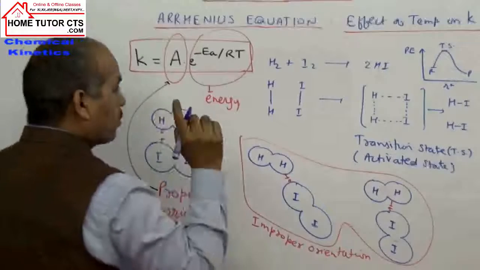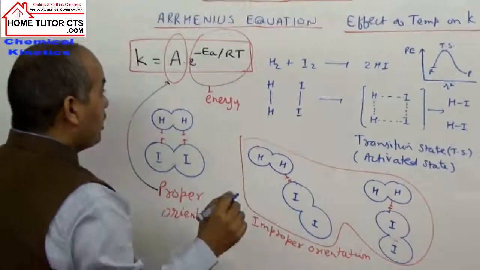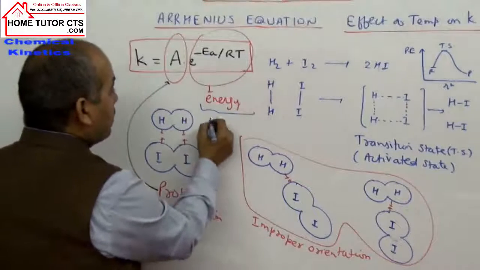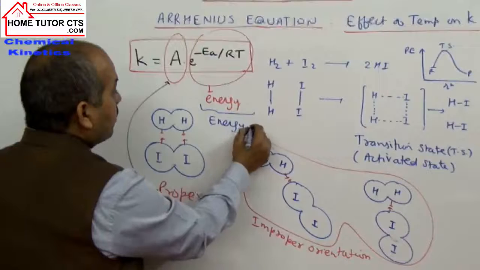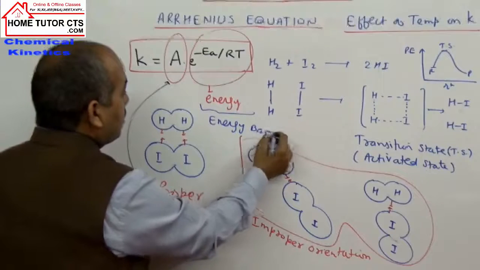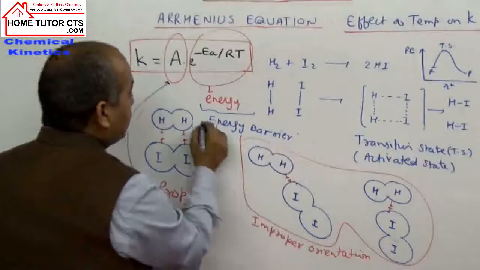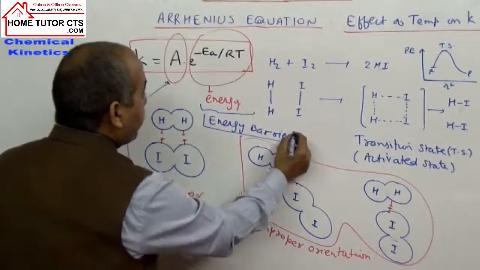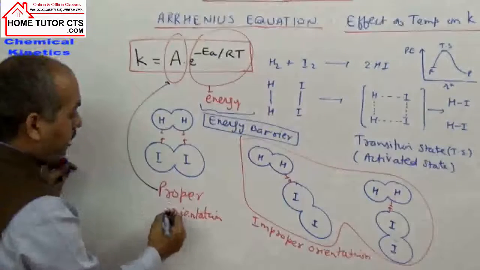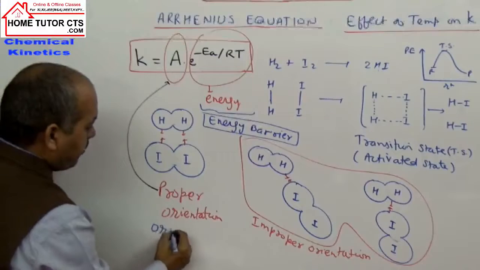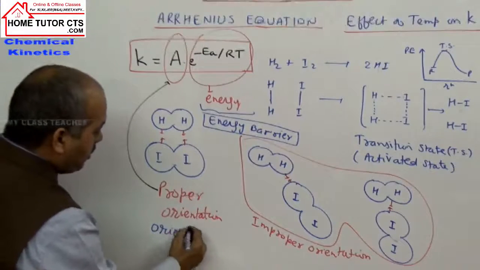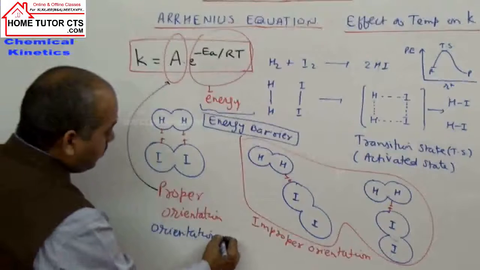You have two barriers for the collisions to be effective in nature. This part will explain the energy barrier, and the second part indicates the orientation barrier.